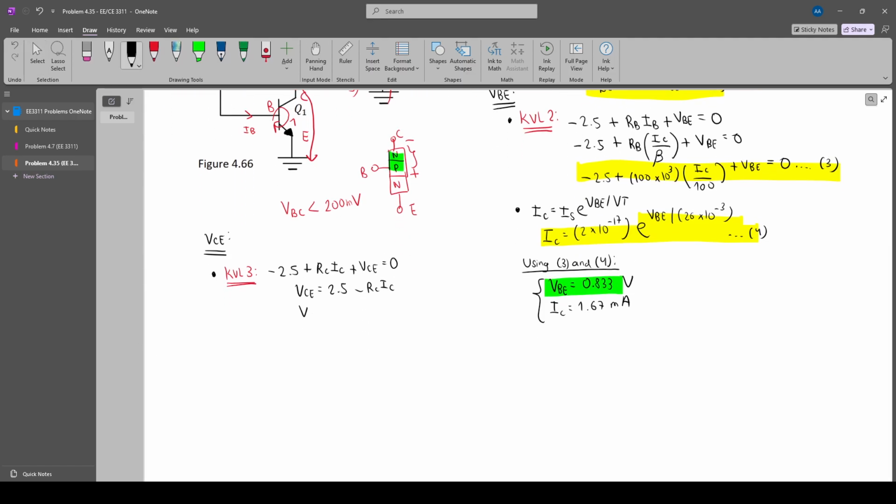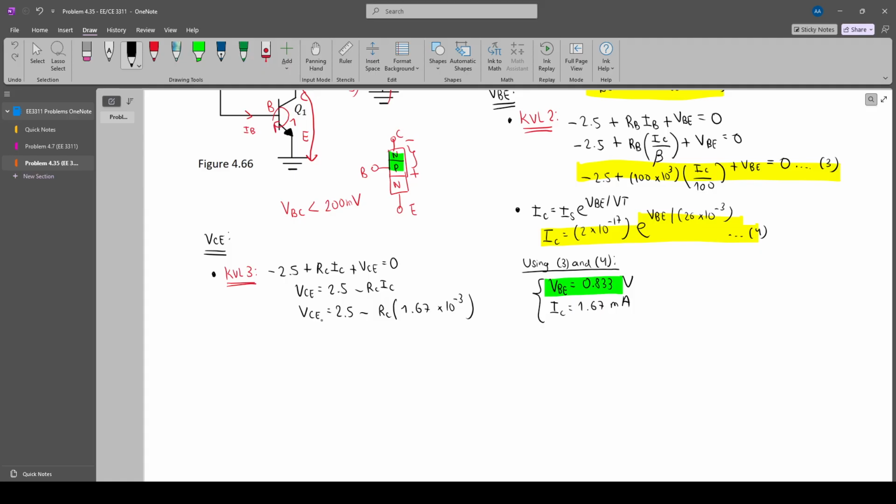So let's just say that BCE equals 2.5 minus RC times IC, which is 1.67 milliamps, 1.67 times 10 to the power of minus 3.